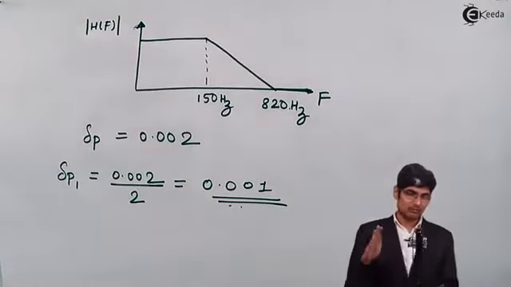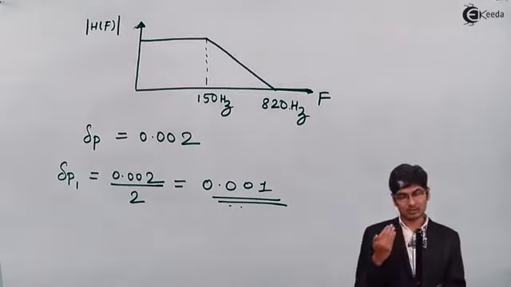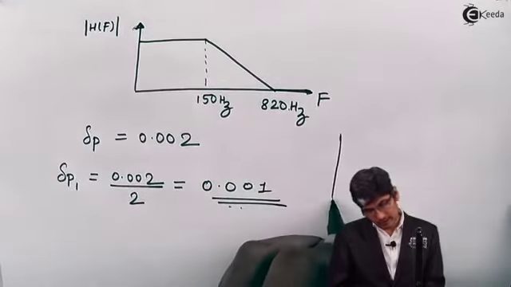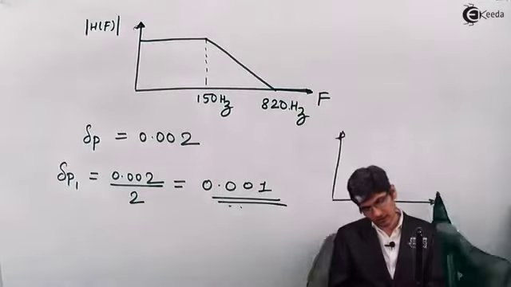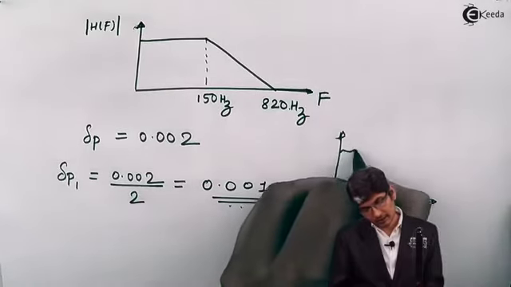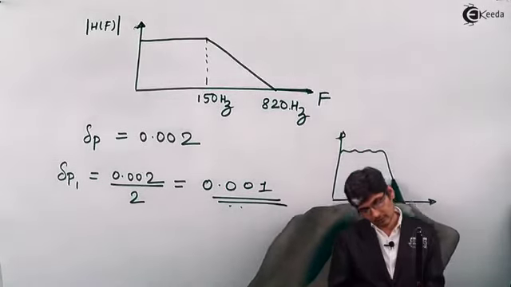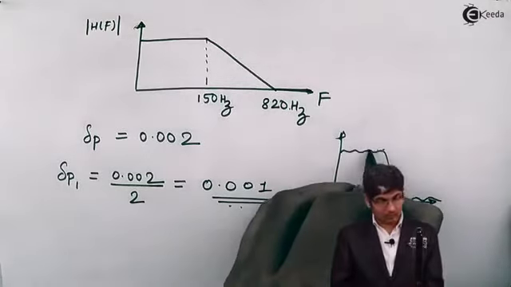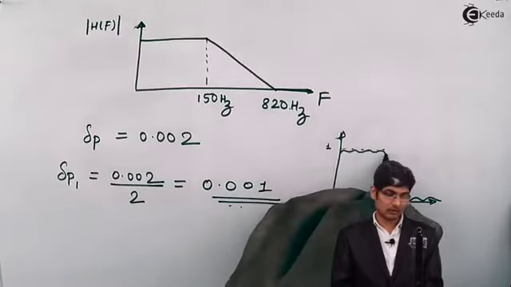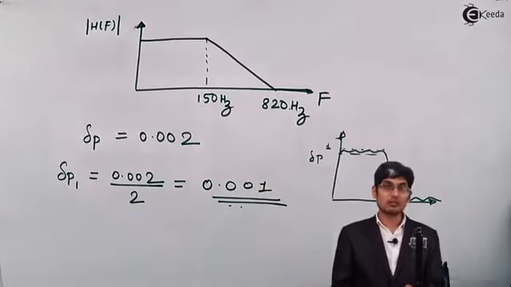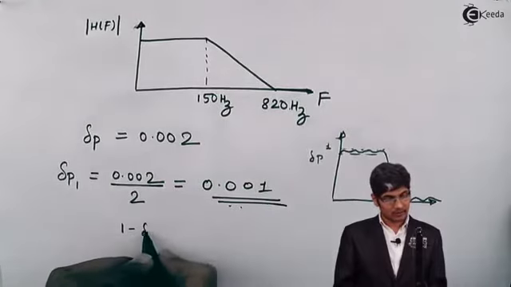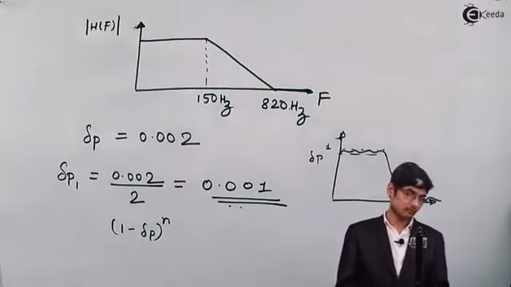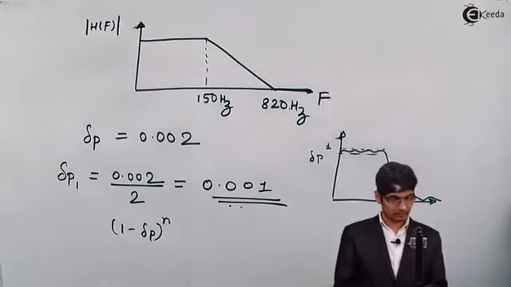It's like a binomial expression. What I mean to say, just as technical information, is this: if I have passband ripples like this, and these are my stopband ripples, the maxima requirement is 1, let's say, and the minima requirement is 1 minus delta P. So it is like (1 minus delta P) the whole raised to n, and n will be the number of stages.